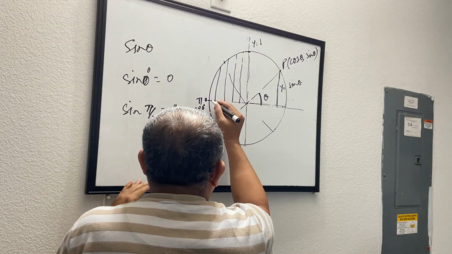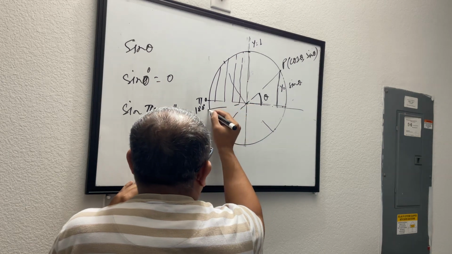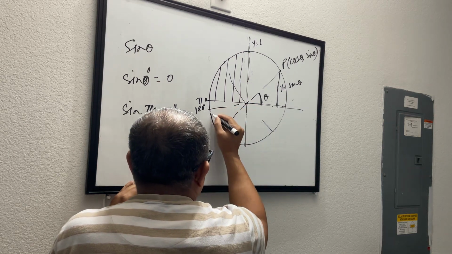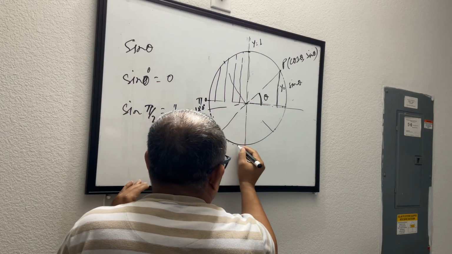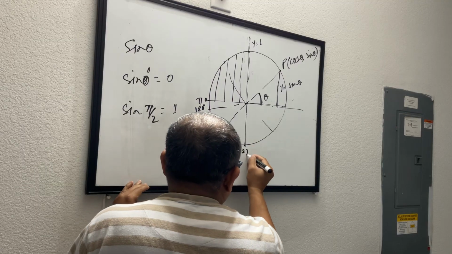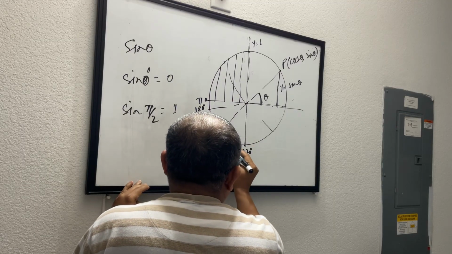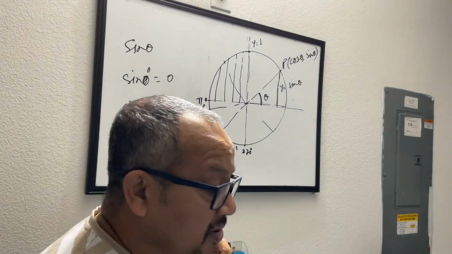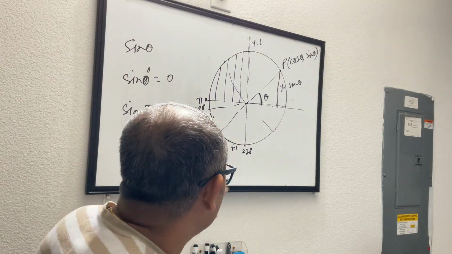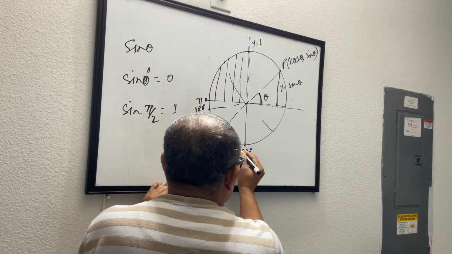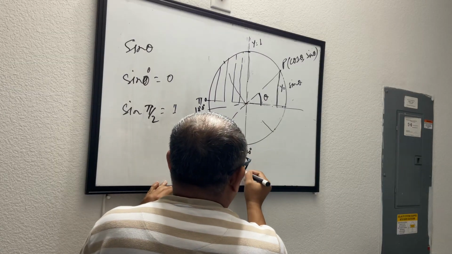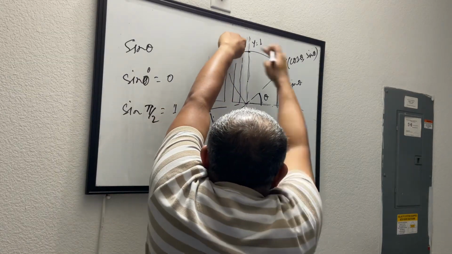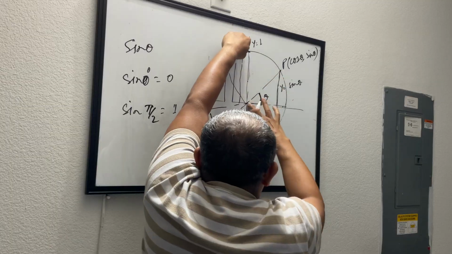Then when I go further into the third quadrant, when I change the angle to 190 degrees, 200, 240, 250, till 270, the magnitude again became 1. But remember, it did not become 1, it actually became minus 1. This is the y axis, right? This is the unit circle, this is 1, this is minus 1, correct?